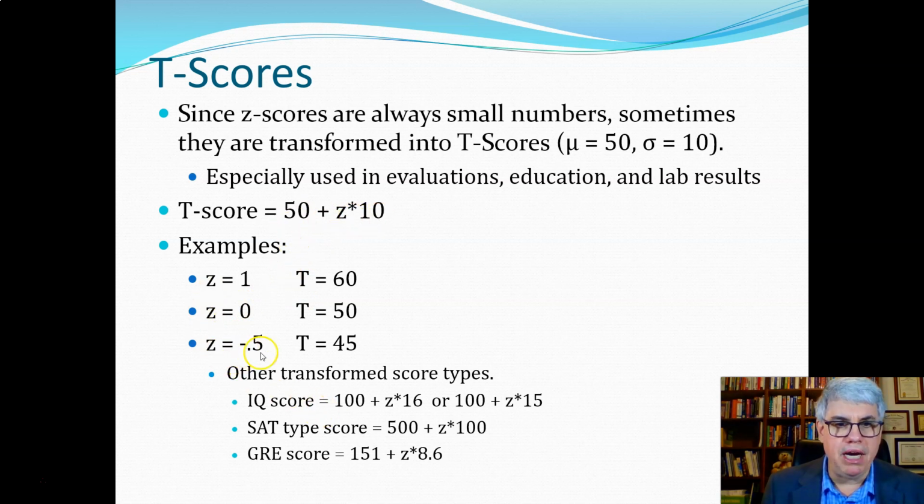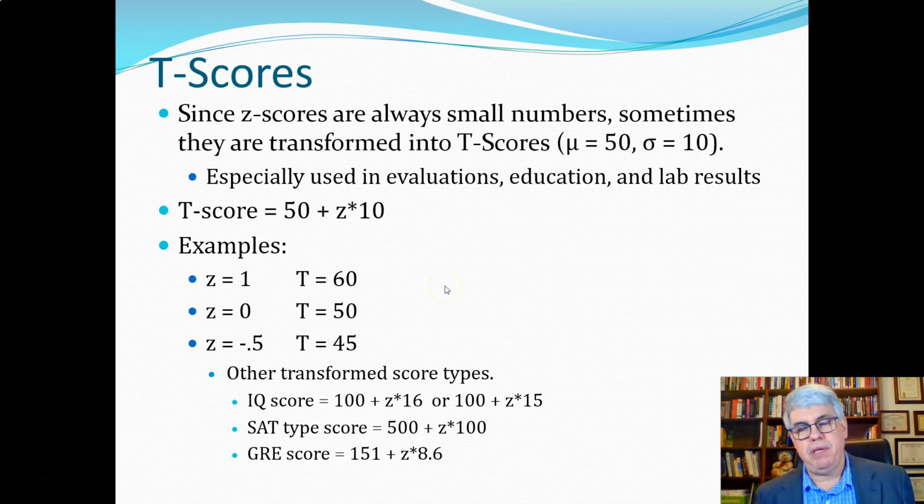And a z-score of -0.5, now that's a negative number and a decimal, something that people don't like, put it in this formula, and we get a t-score of 45. And people say, oh yeah, 45 is okay. And we can compare the numbers 45, 50, and 60 a lot quicker than we can compare the numbers -0.5, 0, and 1. So a lot of times people report scores as t-scores.